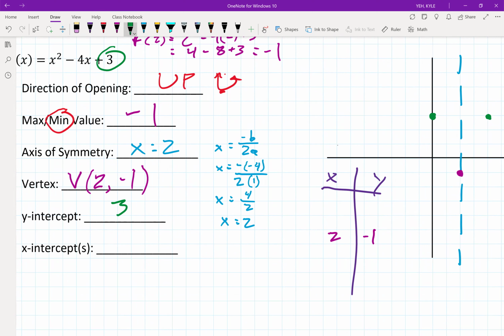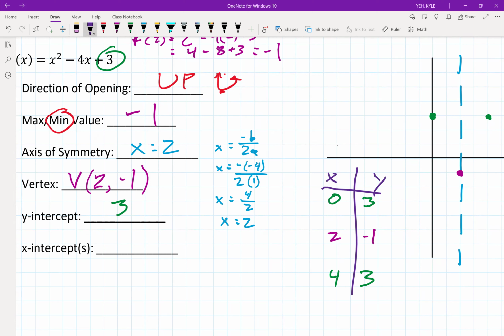And it's nice because we also already found the y-intercept, which is when x is 0, because that's when we hit the y-axis. We were at 3. And by symmetry, we went 2 the other way. 4 for the x value was also at 3. So even though I say find 5 points, we've already found 3, and if we find one more, we can use some symmetry to reflect it across that axis of symmetry.